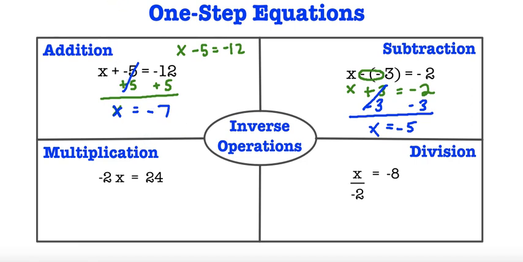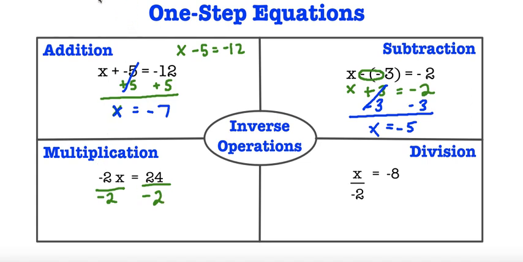So down here I have multiplication. I have negative 2x is equal to 24. And in order to get the x by itself, I'm going to have to divide because division's the inverse operation. I'm going to divide by negative 2, divide by negative 2.